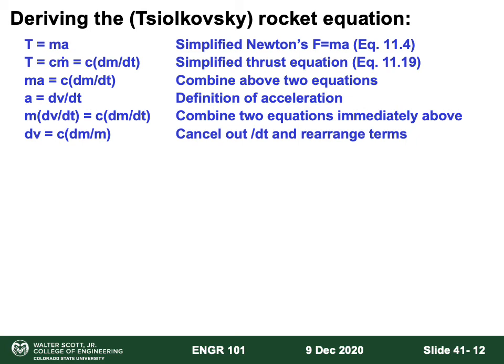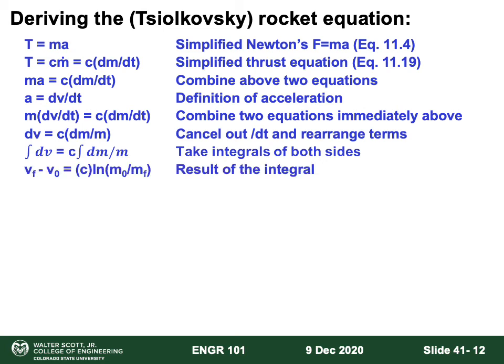So this we can now integrate. If we take the integral of the change in velocity, and we take this constant, the exhaust velocity, times the change in mass over the instantaneous mass, we can then do that integral, and we get the final velocity minus the initial velocity equals the exhaust velocity, the rate at which the mass is moving out, times the natural log of the initial mass divided by the final mass.